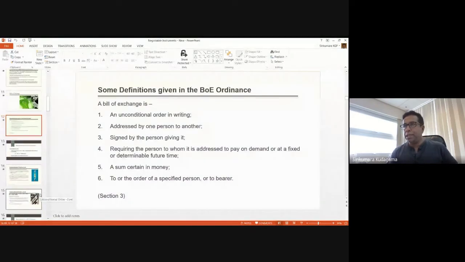So one person addresses it to someone. In my example, if I have an account with Bank of Ceylon, I have a checkbook issued by them. Whenever I draw a check, I am addressing something to Bank of Ceylon, addressed by me. Addressee is Bank of Ceylon, addressed by one person to another, right?